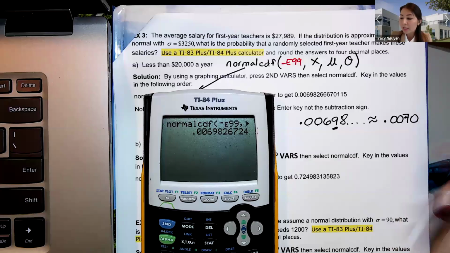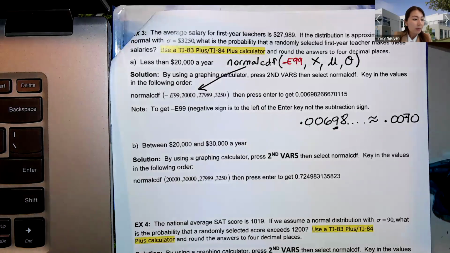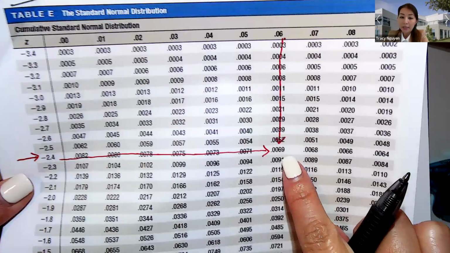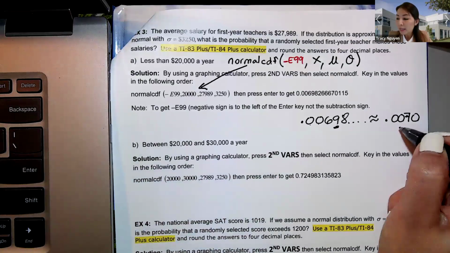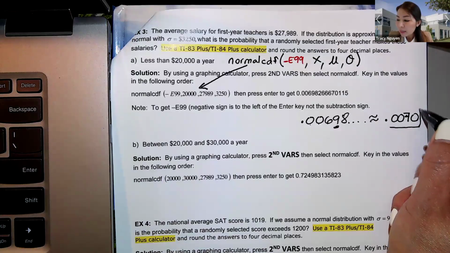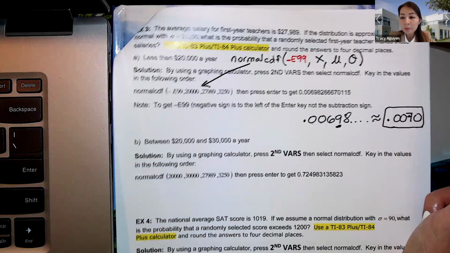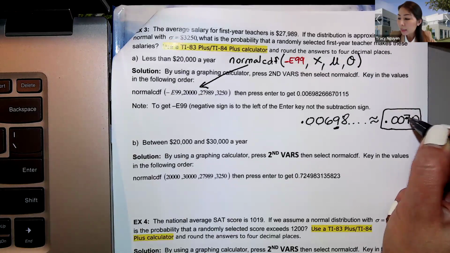0.0070. Okay, so now earlier from our table, remember area to the left, we found that it was 0.0069, right? So like I said, due to rounding, our answers sometimes will have the same problem, but by using the calculator, it's more accurate.